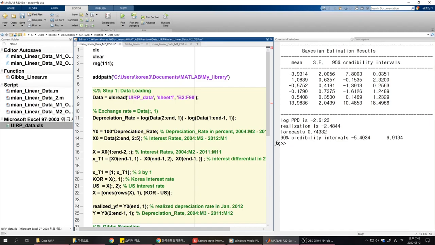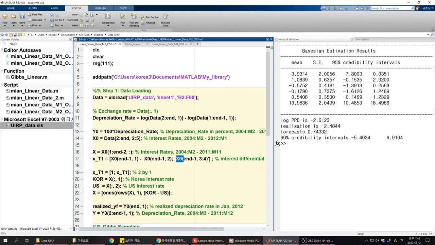Here, the third and fourth column. Right? Third and fourth column. Okay, this must be a semicolon, and it should be transposed. Why? Because this is 1 by 1.